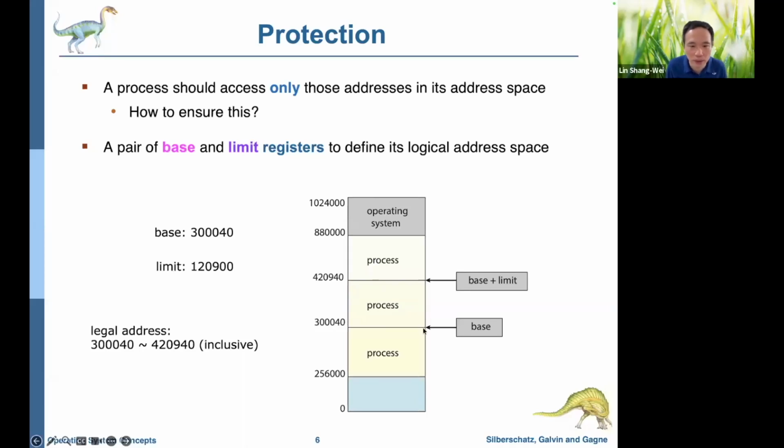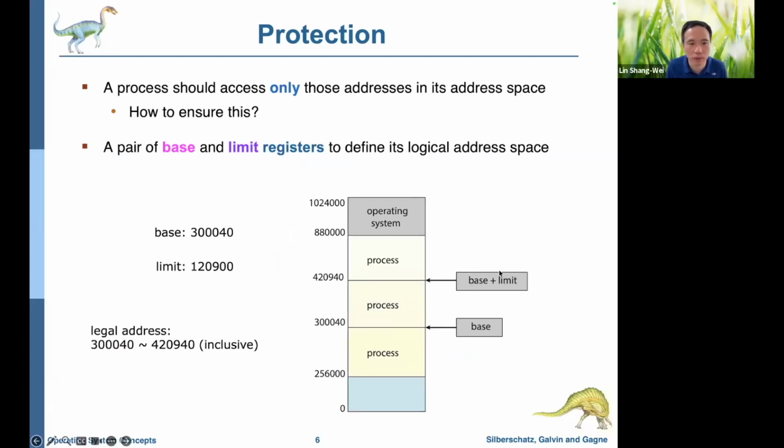Here we have the base register, indicating the starting address of this process, and the limit register, which stores the length of the process. So the value of the base register plus the value of the limit register gives you the ending address of this process.